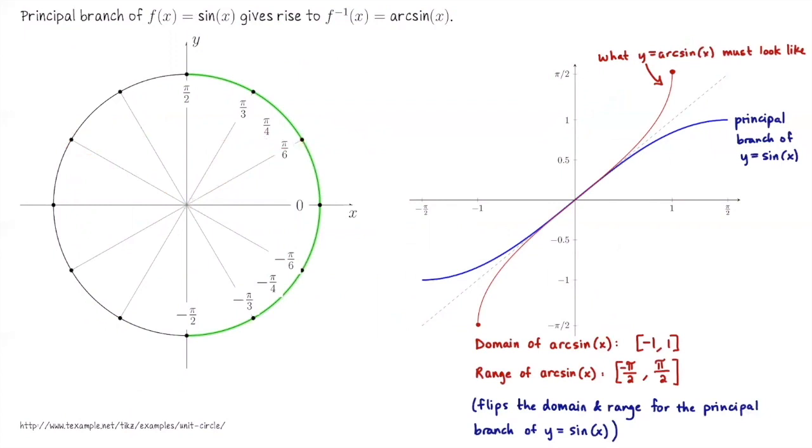It's not necessarily the case that arcsine of sine cancel each other out. Instead, arcsine of sine of x is going to send you to the angle between -pi/2 and pi/2, which gives you the same sine value as your original x. It's always going to land you in that interval.